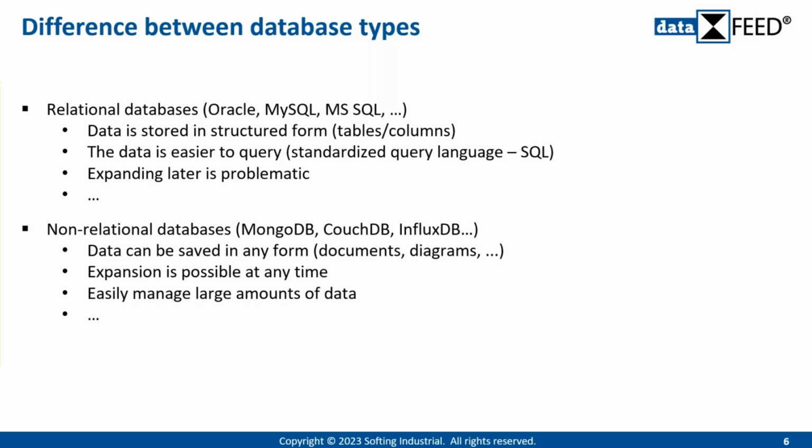Or to store in diagrams, or especially this InfluxDB stores this in time series format. This is one benefit of these modern non-relational databases, and expansion later on is possible at any time. And last but not least, what is also for me a big advantage, you can easily manage a large amount of data, because in the initial concept of all these new databases, the huge number of data was a prerequisite.